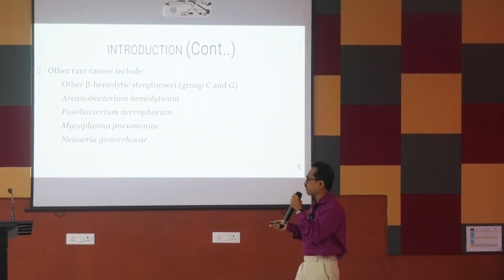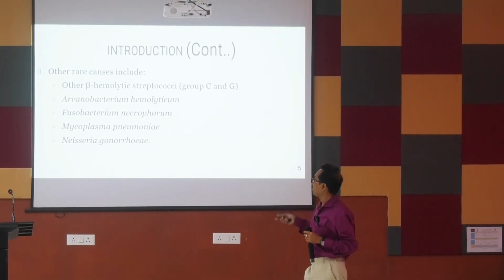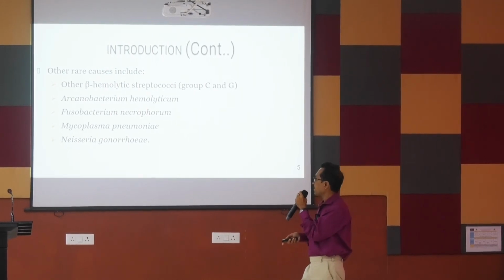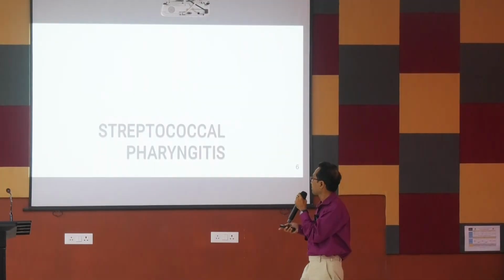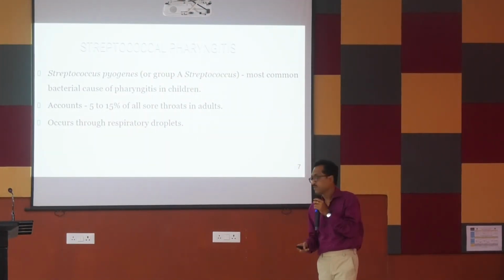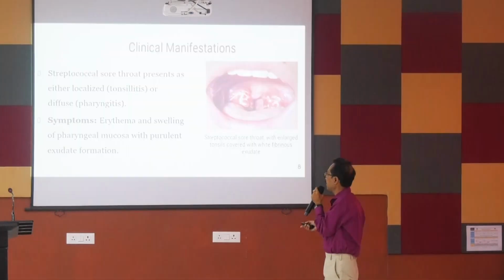These are the rare causes of bacterial pharyngitis: other hemolytic streptococci, group C and group G, Arcanobacterium, Fusobacterium, Mycoplasma and Neisseria. Now streptococcal meningitis is already covered in the last class. So I will just show you a picture of streptococcal pharyngitis and how it is.